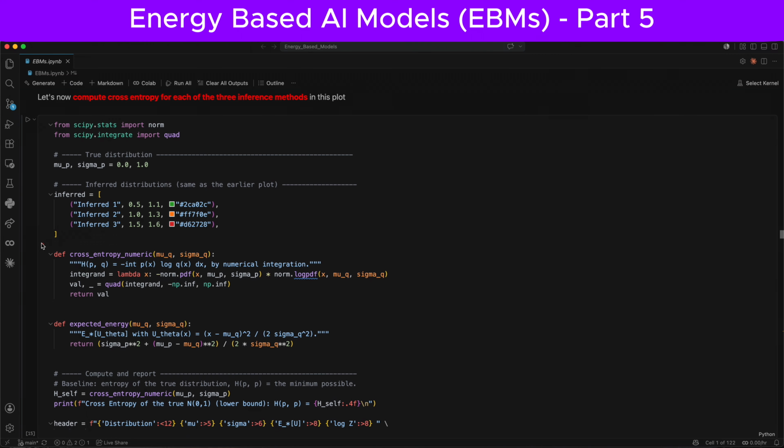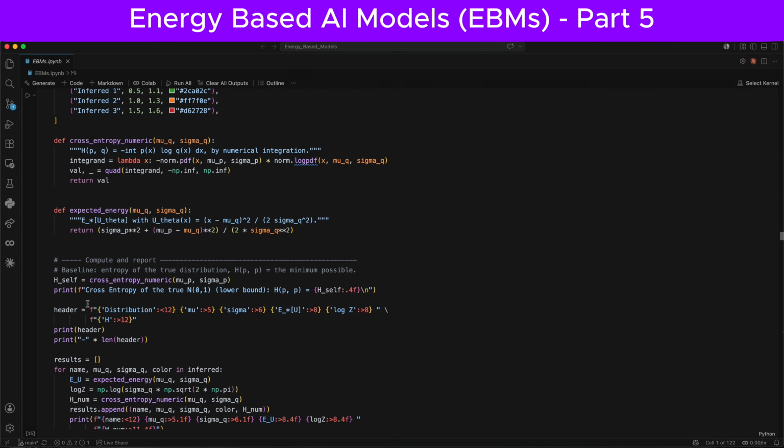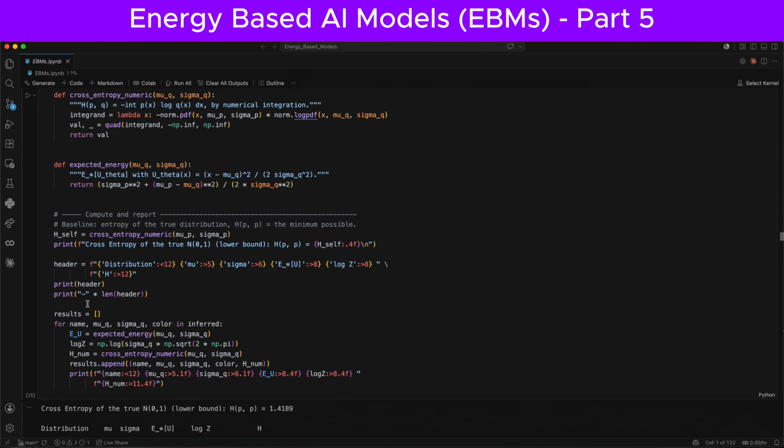In this code, I first define the true distribution, then the three inferred ones, then I compute the cross-entropy by numerical integration, and I also compute the expected energy and the log of Z separately, so we can see how the two terms of the equation add up.